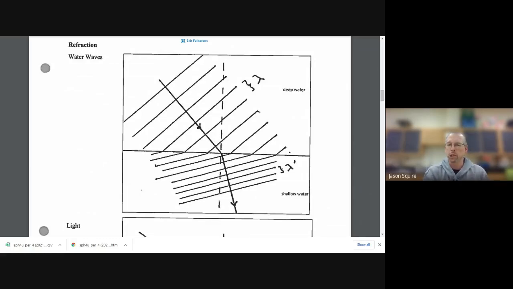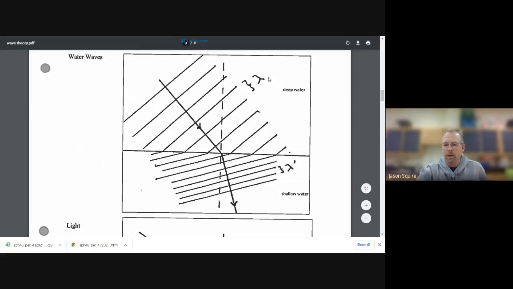Okay, refraction. Refraction is going from one medium to another medium. If we're talking about water waves, how do we change the medium? The medium is water. Well, we have to change a characteristic of it. We're going to change the depth of the water. We're going to have deep water up top here, shallow water down below.